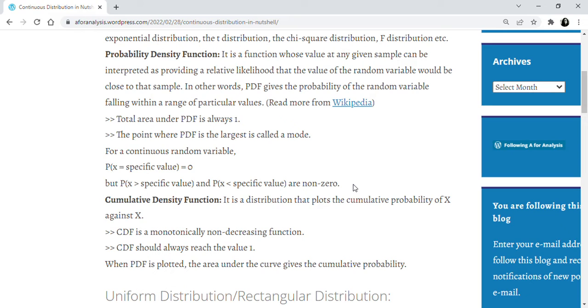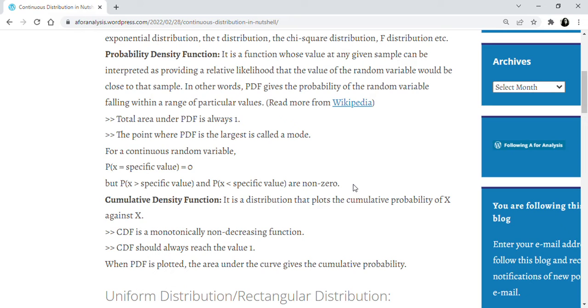Now let's talk about the cumulative distribution function, or CDF. This is the distribution that plots the cumulative probability of x against x. So y will be the cumulative probability of x, and x is the original value of x.